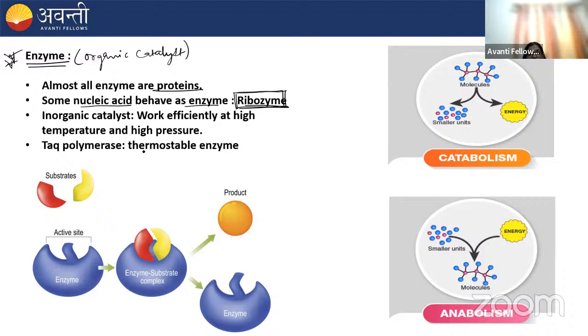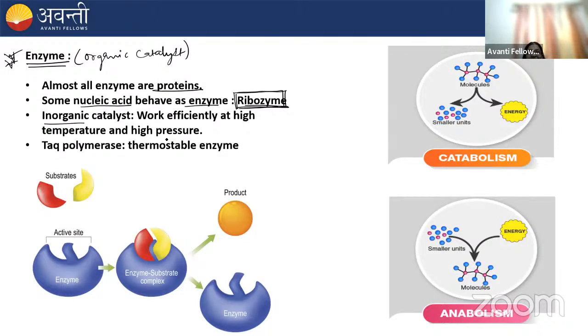These inorganic catalysts work efficiently at high temperature and high pressure. But enzymes cannot work at very high temperature. They become denatured because enzymes are mostly proteins and proteins get denatured at high temperature.